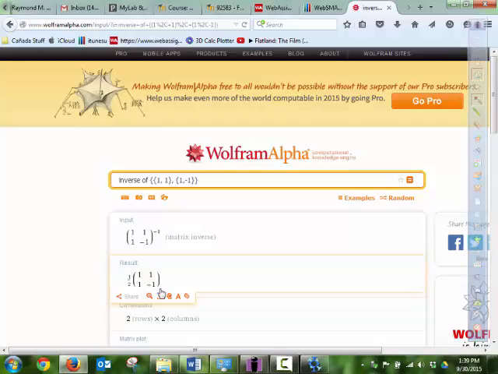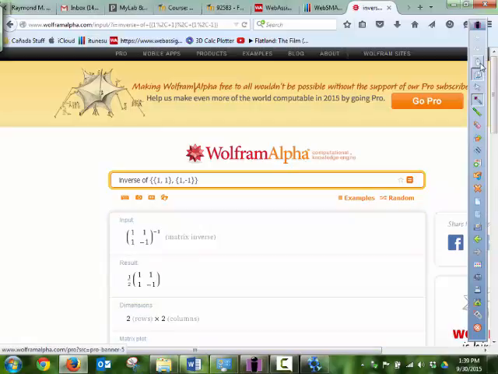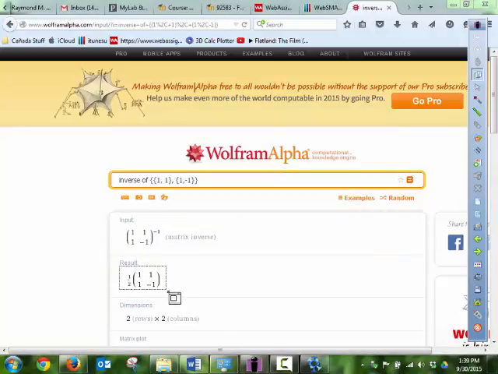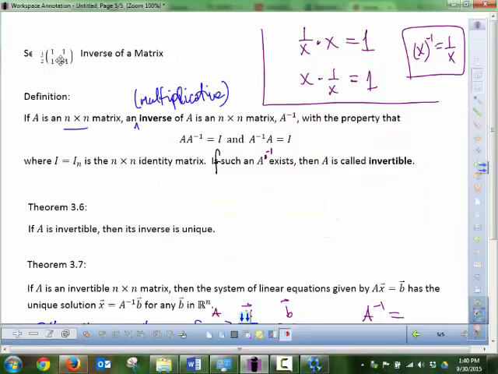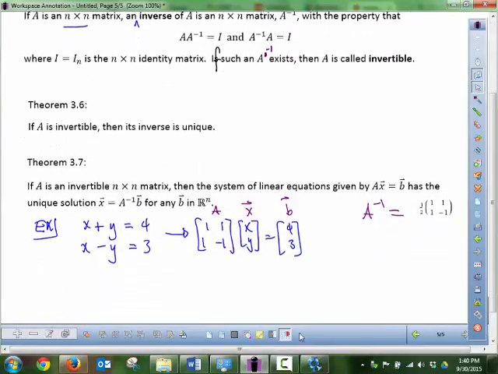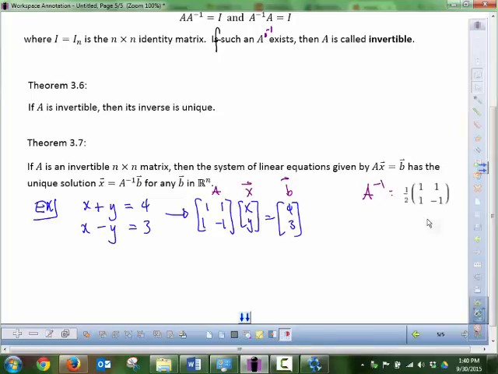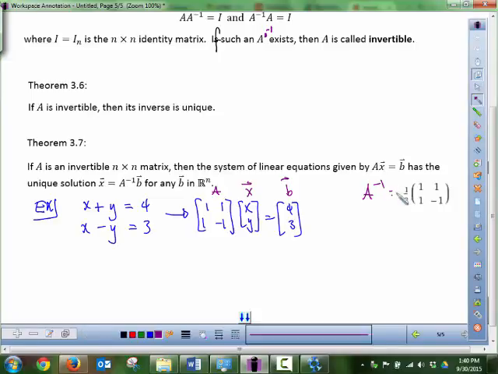Right? All right, so we'll take that. So for now, we'll just say we got it from Wolfram Alpha, but then we'll find a way to actually solve for this. So this is your inverse.